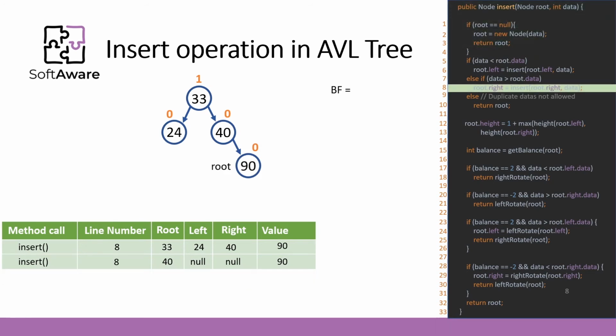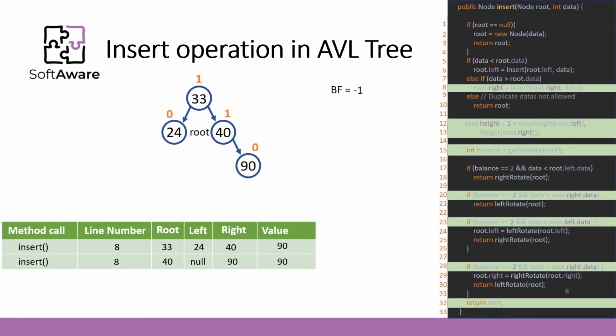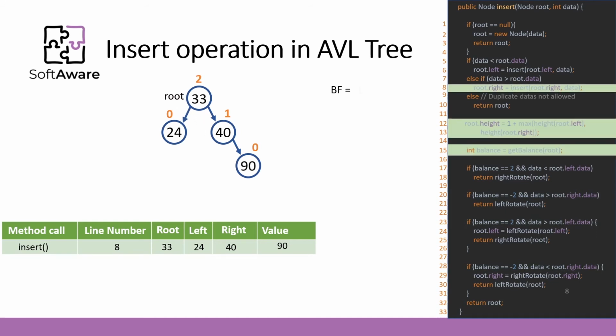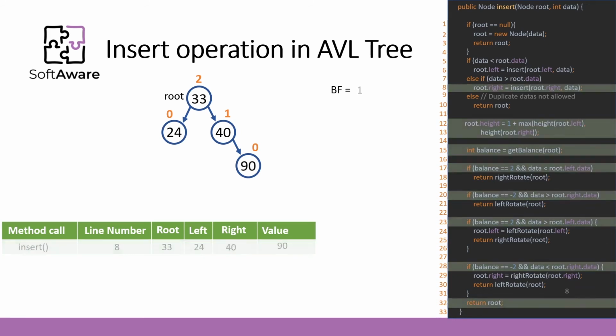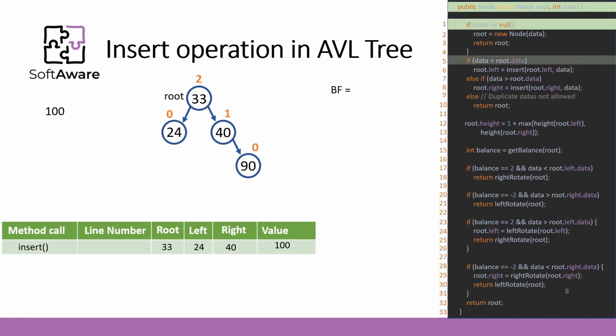So we don't have any violation after updating the heights and calculating the balance factor. We go and insert 100 in our AVL tree. Again, traversing recursively and inserting the key value of 100 with a new node.